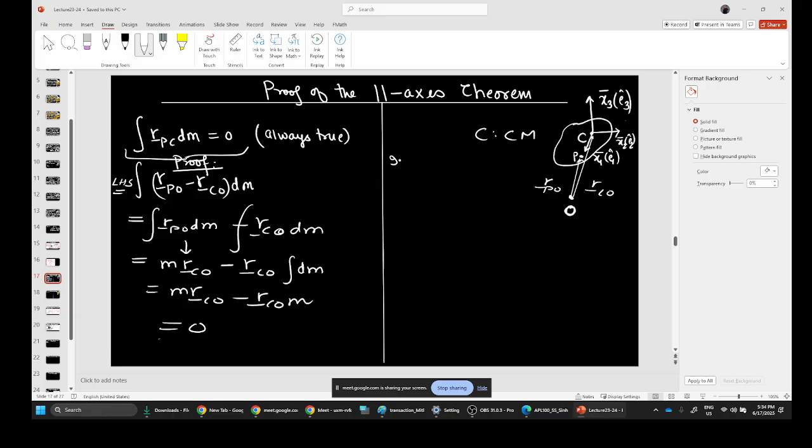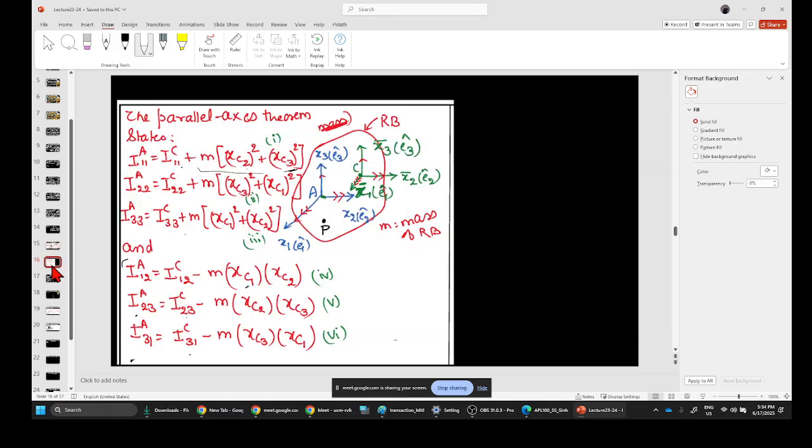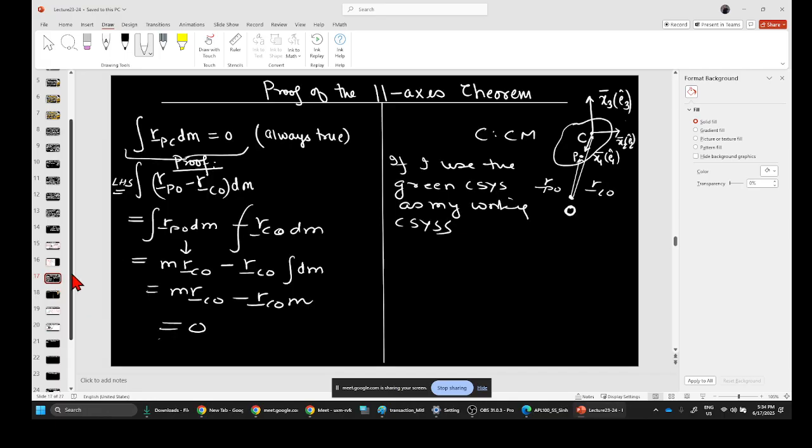Now if I use the green coordinate system as my working coordinate system, what was the green coordinate system? Look at the green coordinate system, the coordinate system which is fixed, which has its origin at C. If I use that coordinate system, R_PC can be written as, P is a typical point, right?